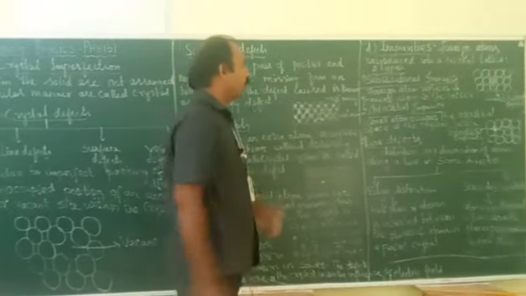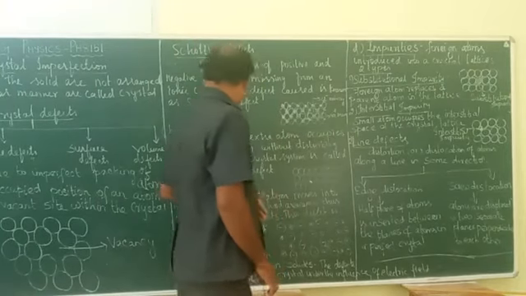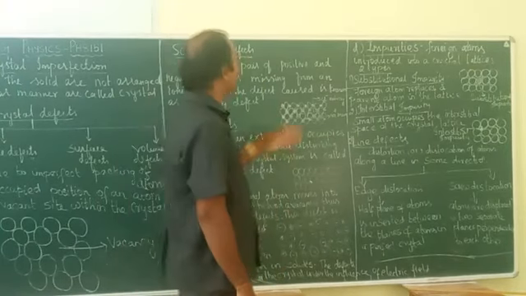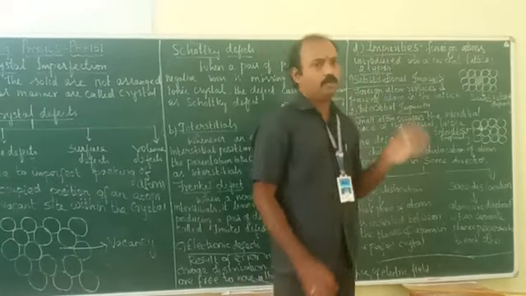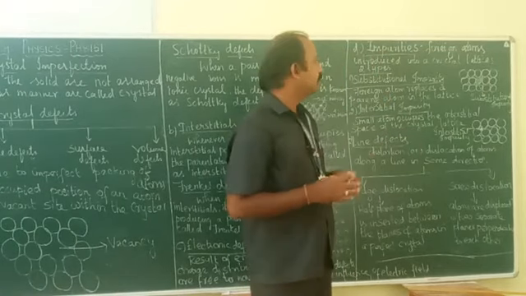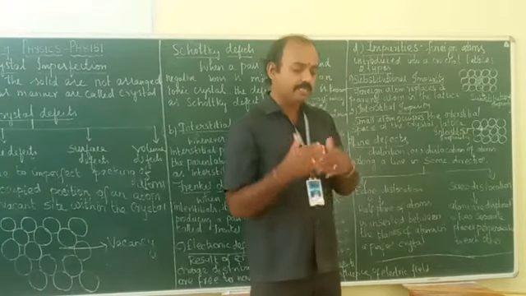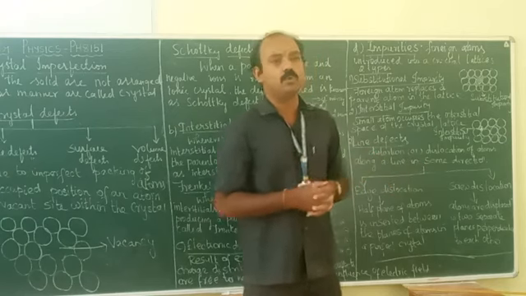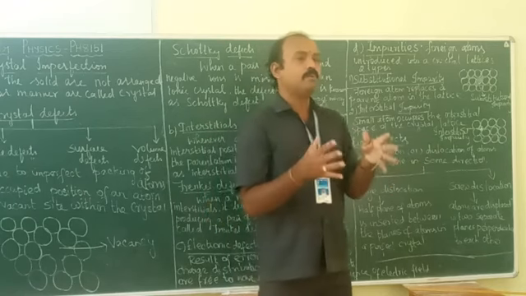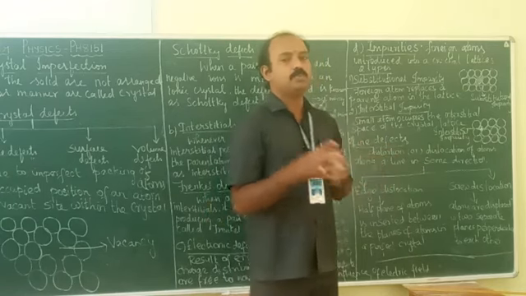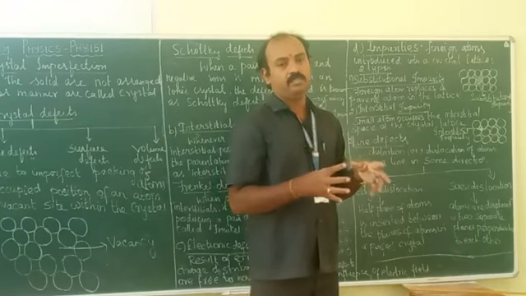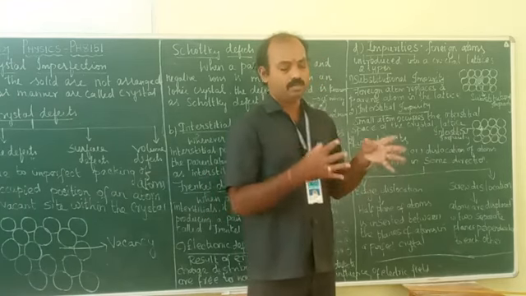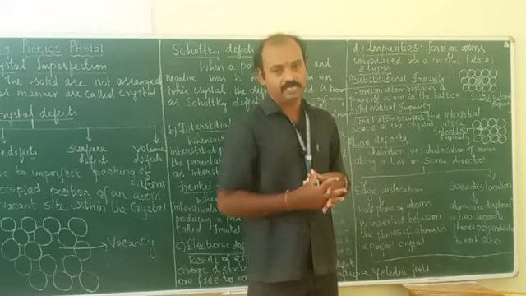Now another one also, impurities. Now this impurities, what about impurities? That means another atom, other than the already existing atom. Suppose sodium chloride means sodium positive, chlorine negative ion. These are the natural actual ions of the particular crystal.